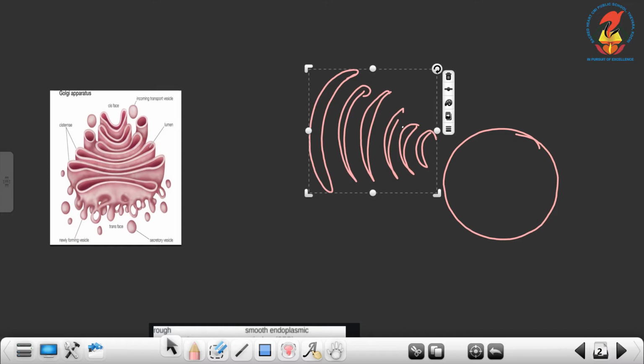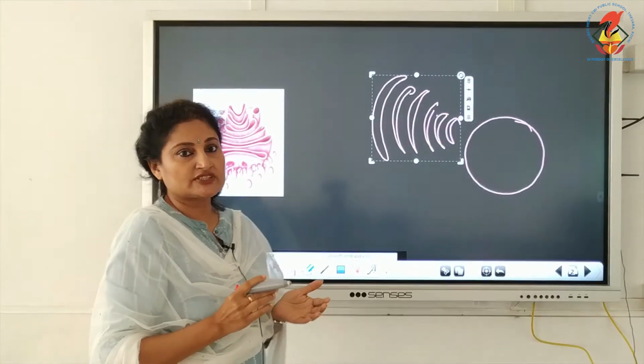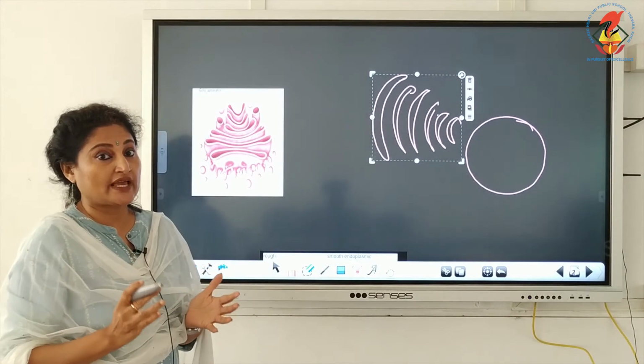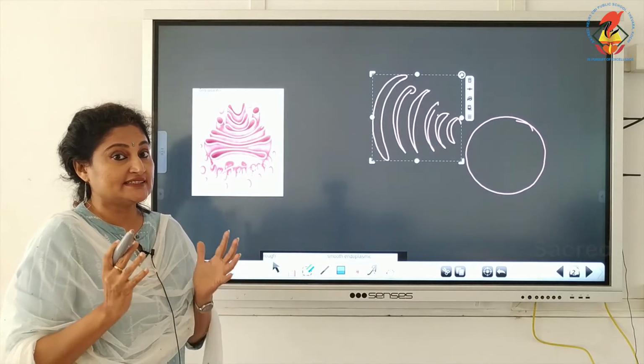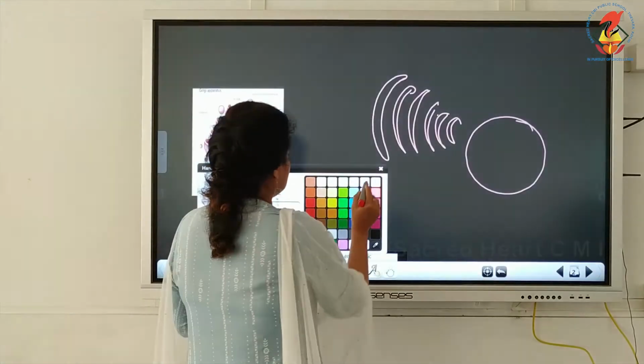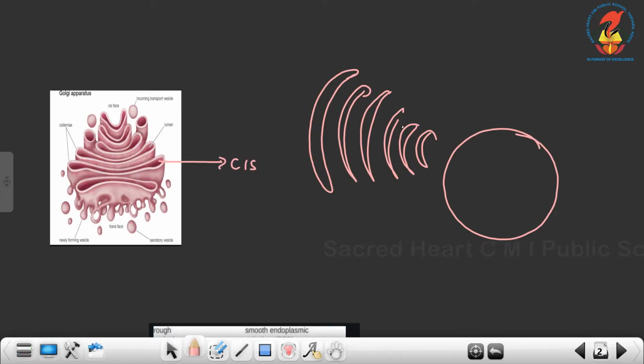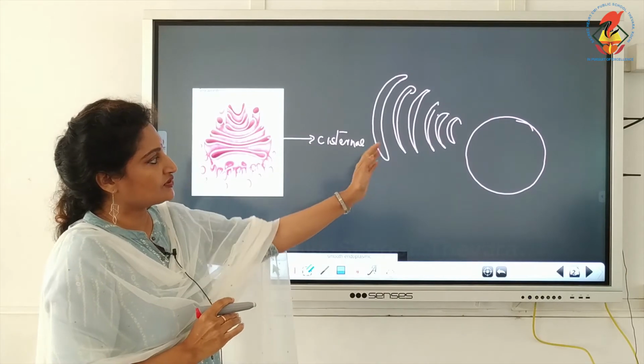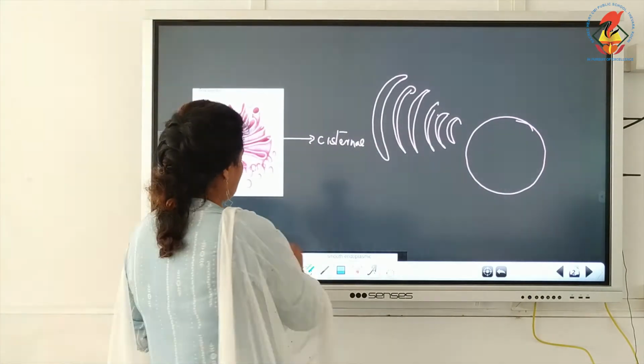See the alignment? So, once again it consists of a stack of 7 to 8 flattened disc shaped sacs. Each sac is known as cisternae. Now, its orientation is how it is located in the cytoplasm. It is concentric with the nucleus. See the way I have oriented it.